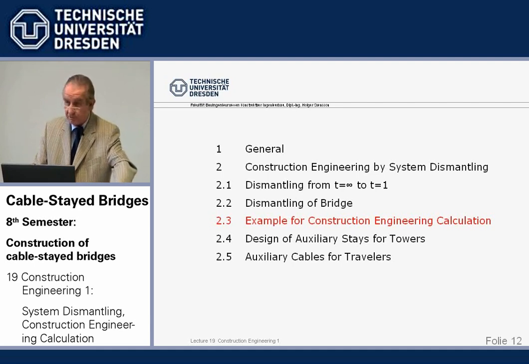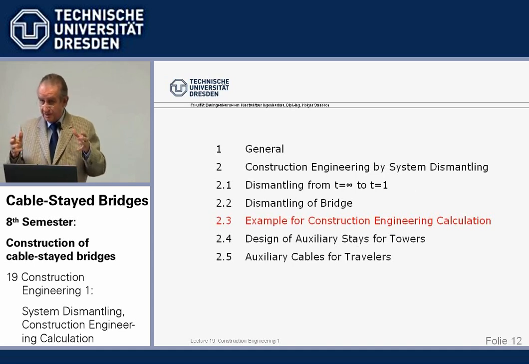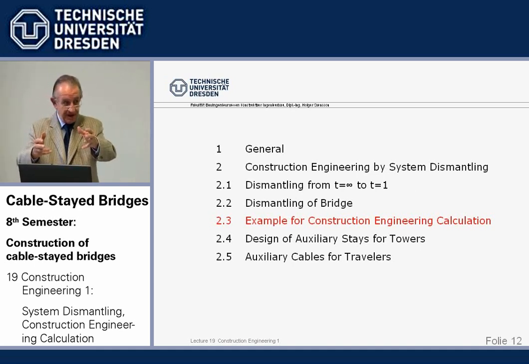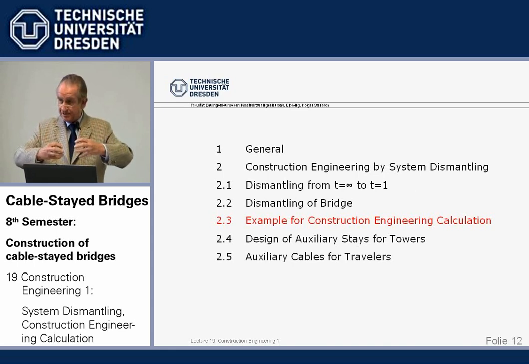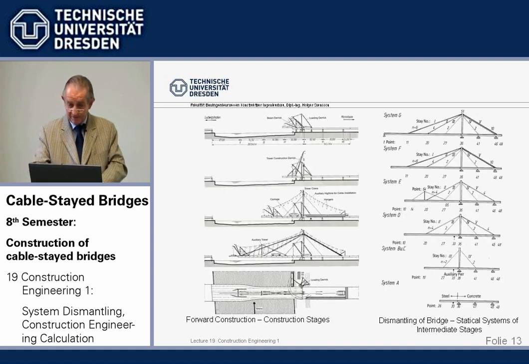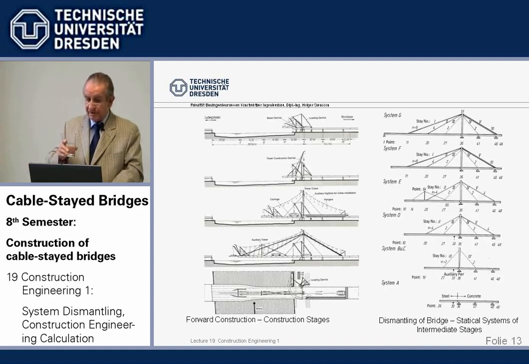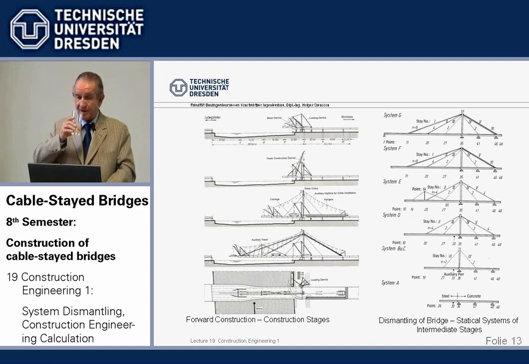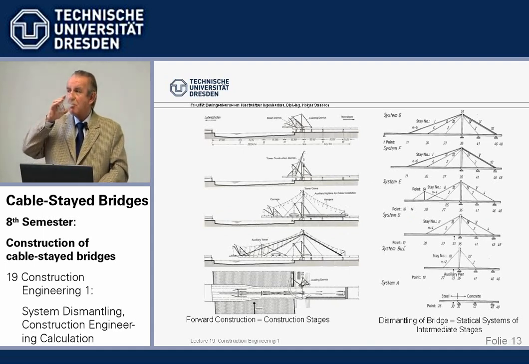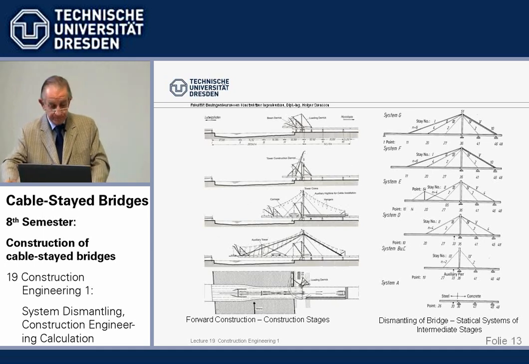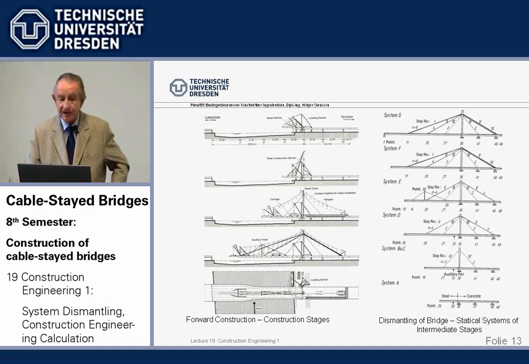What I've shown you theoretically now, basically to give you an idea of forward on site, backwards calculation-wise, how it is practically done on site. We use the example I had before, the Mannheim North Bridge, which is the cable-stayed bridge between Mannheim and Ludwigshafen across the Rhine River.